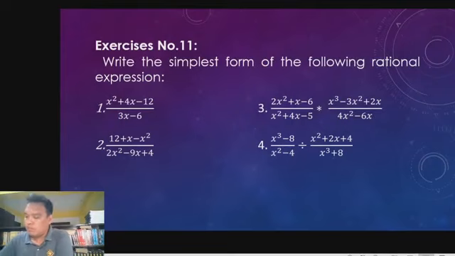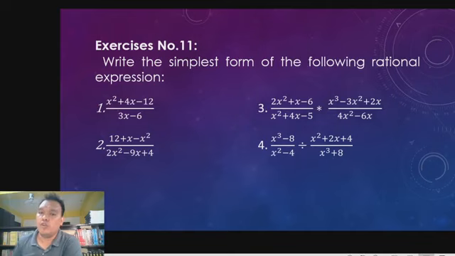No? Okay, so let's have example number 3 and number 4. Sulat ko muna si number 3 at si number 4 para tuloy-tuloy yung pag-compute. We have number 3 as 2x squared plus x minus 6 all over x squared plus 4x minus 5 multiplied by x cubed minus 3x squared plus 2x all over 4x squared minus 6x.